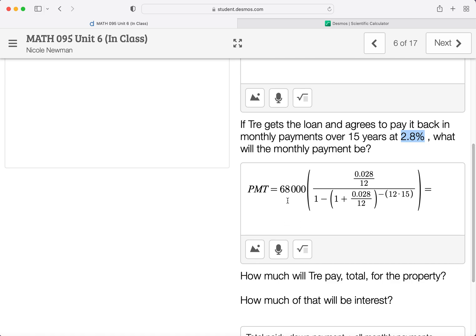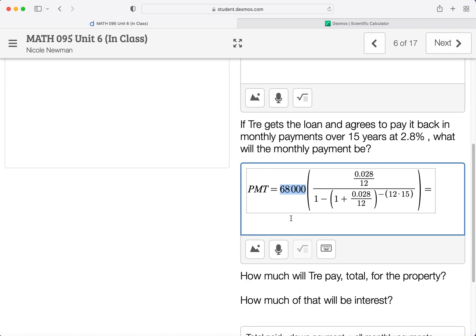All right, so to fill in the payment formula, the loan amount is out front. Here's the interest rate in the two fractions. And we have 12 for the N. That shows up in 3 places, and then we have a 15-year loan. So there's the 15 up here in the exponent as well. So let's go get that amount.